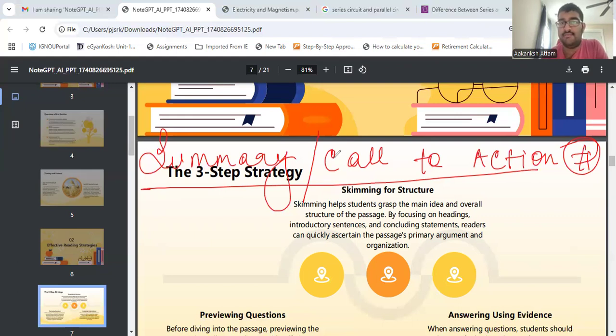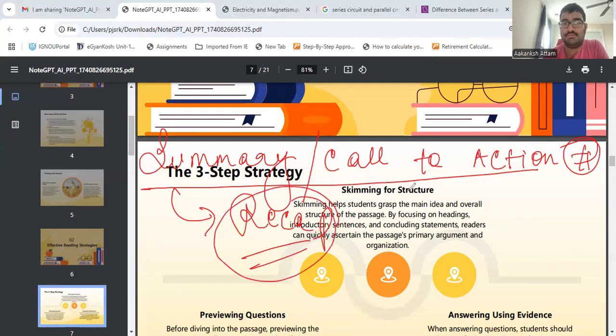Summary would be like the ending, how you conclude the main ideas you're trying to state, the summary of the entire passage in one small part. We are doing a recap. Very simple. Call to action is next steps.